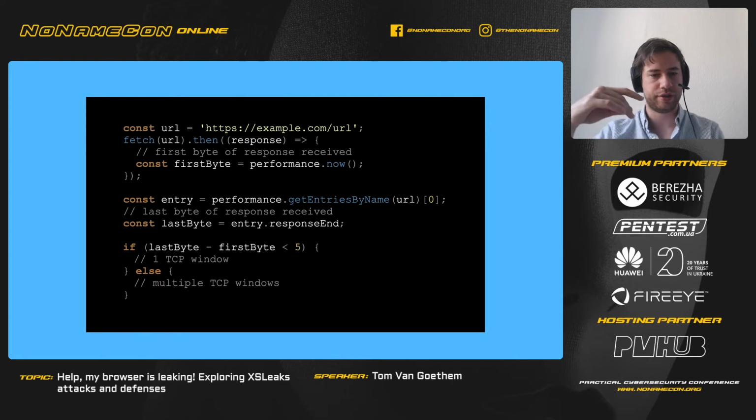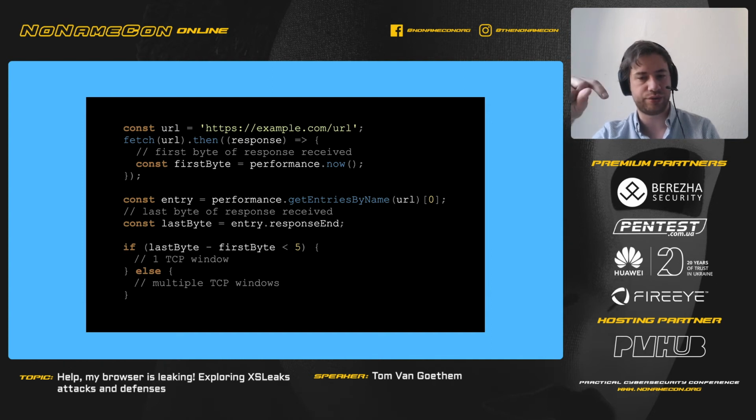So we fetch this first URL, and when this promise resolves, we know that the first byte of the response has been received. Later on, we use the performance API to get the entry associated with this fetch, and look at the property responseEnd, which will indicate when the last byte of the response has been received.